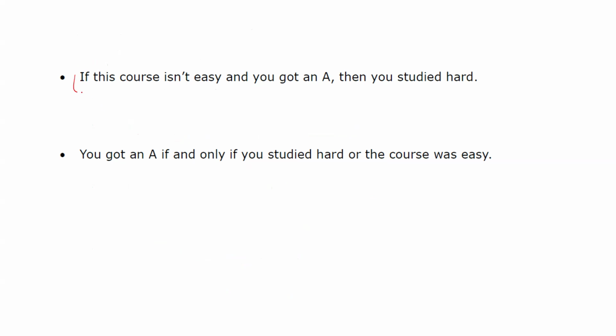Okay. If this course isn't easy and you get an A, then you study hard. Okay. So I see if and then and. Now, for an if then, we know that something has to happen before something else can occur.